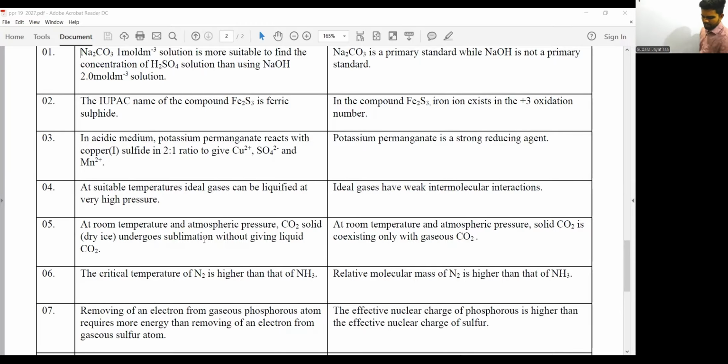If it is Fe, you have to say iron, I-R-O-N. Iron 2, iron 3, that is the way. So this is called a trivial name, not the IUPAC name. See, these things can be there in your tests, okay? So the IUPAC name of Fe2S3 is not ferric sulfide. Ferric sulfide is a trivial name.